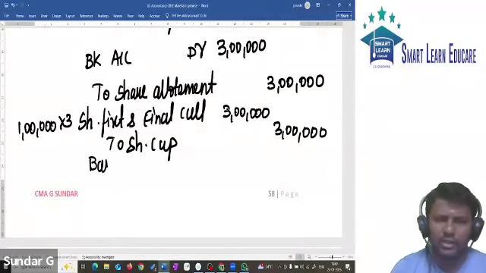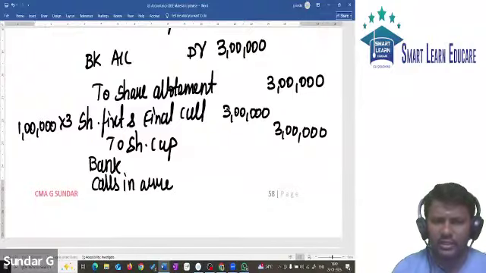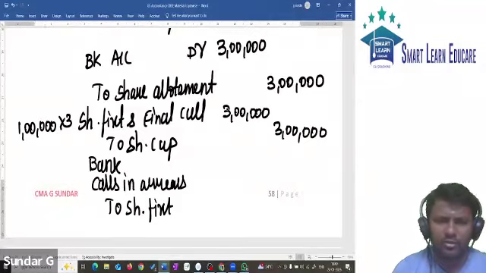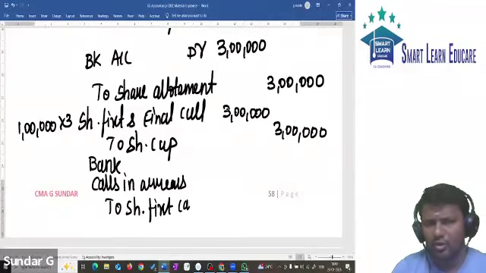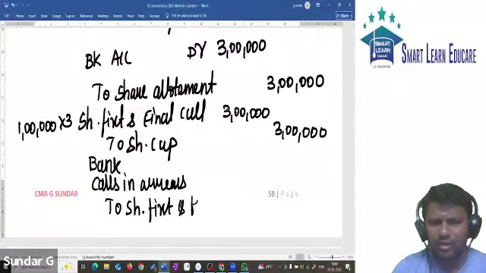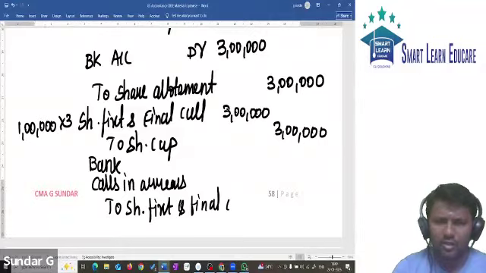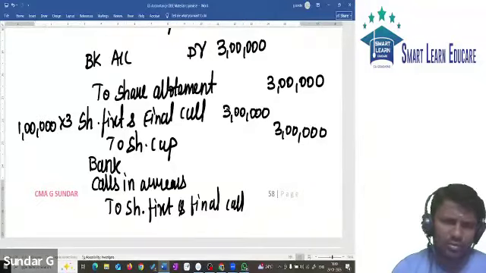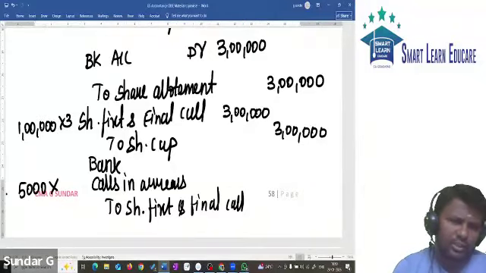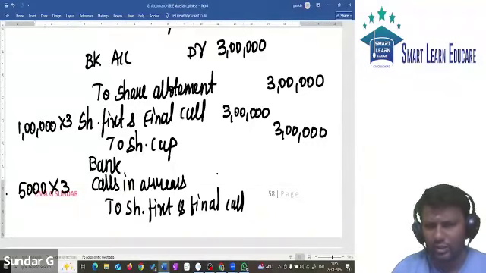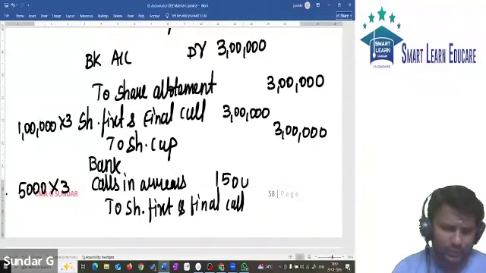Entry: bank account debit, calls in arrears account debit to share first and final call. Bank account debit for how much? First, the calls in arrears amount: 5,000 shares into 3 rupees will give you 15,000.